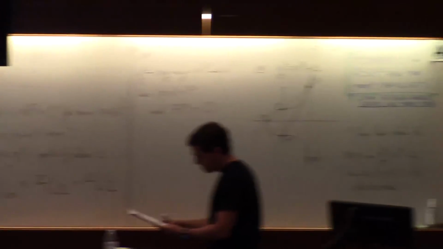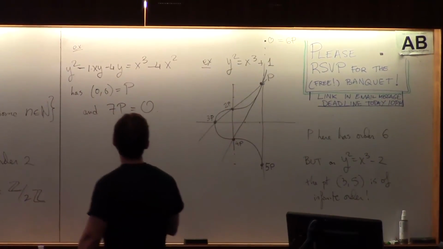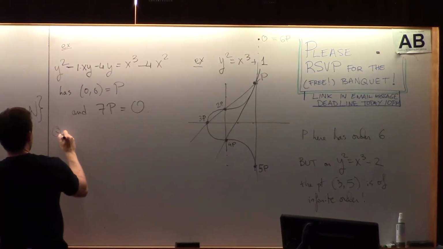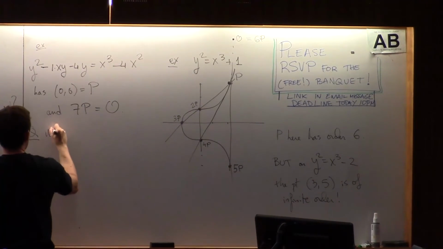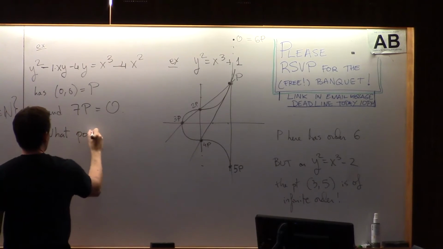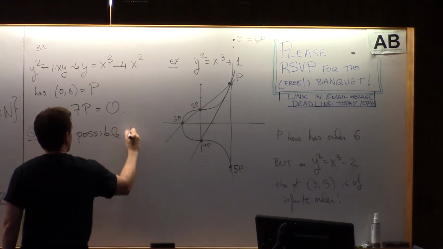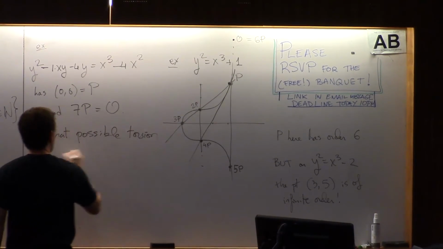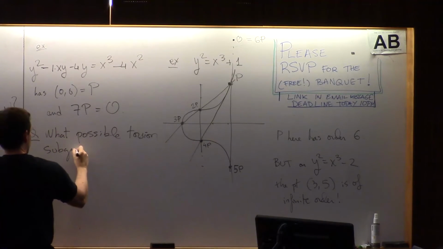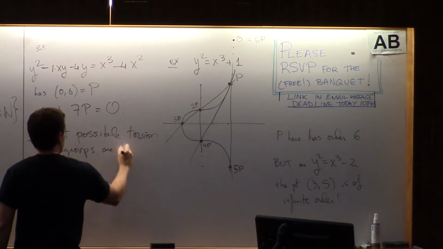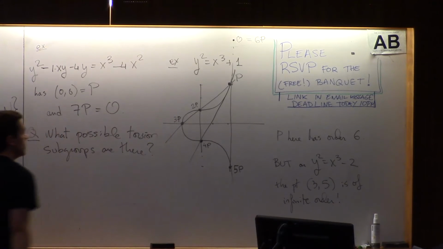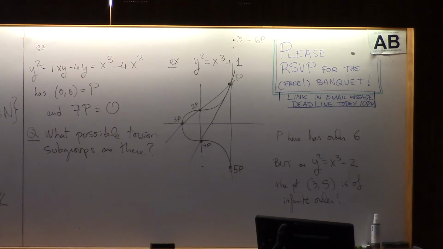Okay, so what are the possible torsion subgroups? You might ask first, what kind of torsion orders are there? Are there points of order 5, 6, 7, 8, 9? Where is the limit to that?